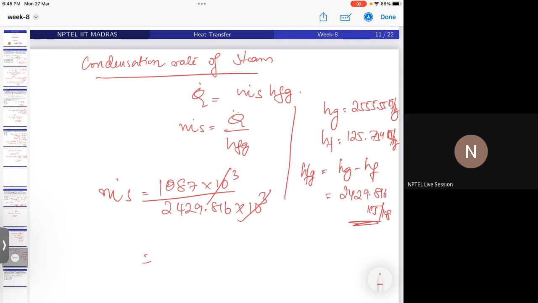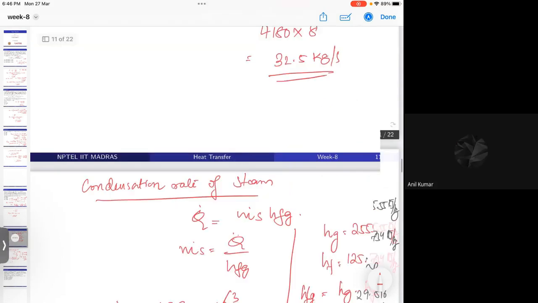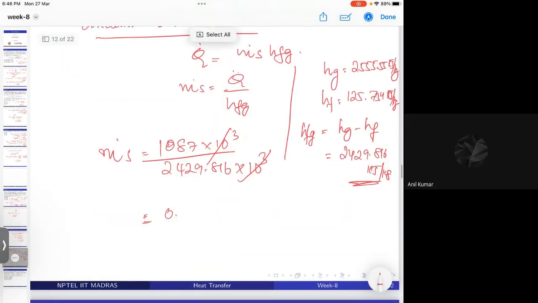What is this answer? 0.5. Okay. I'm getting some 0.45.